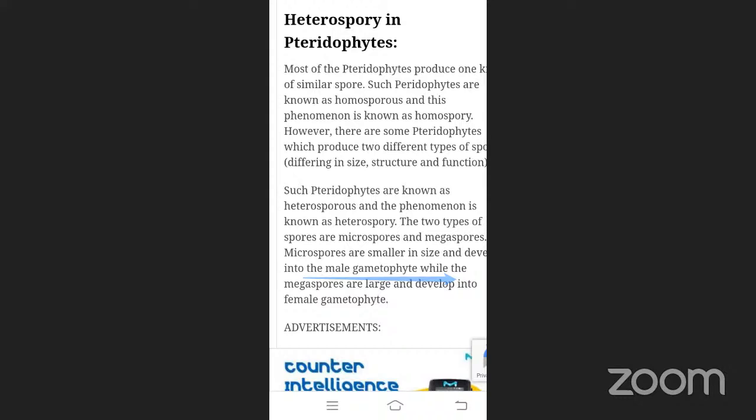But in heterosporous forms, sex determination exerts its influence on the spore mother cell. So the influence of sex determination is shifted from the gametophyte to the sporophyte. It is a small shift, but significant, as it resulted in the origin of heterospory in the vascular cryptogams.